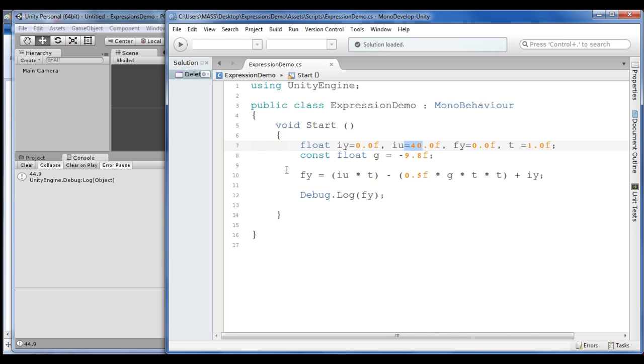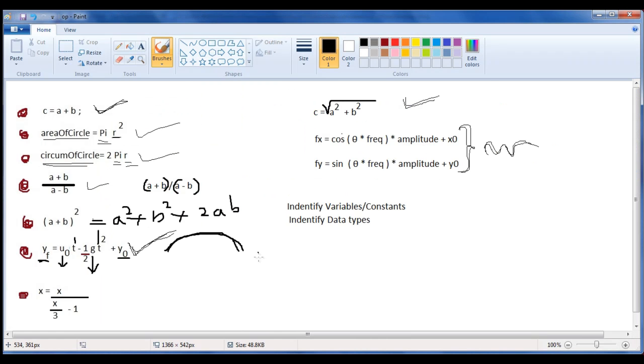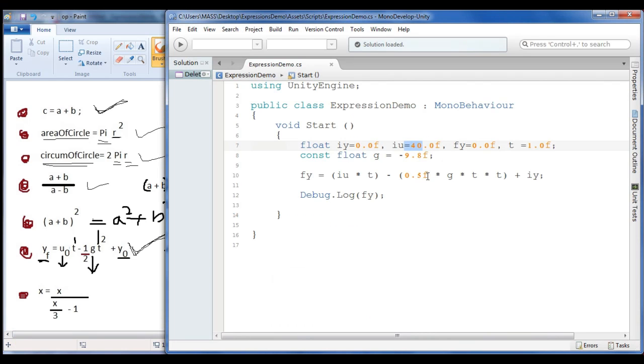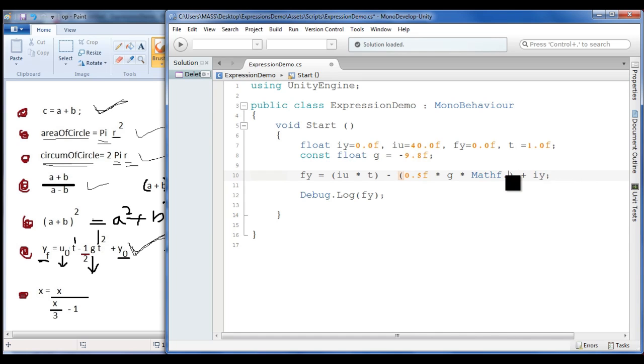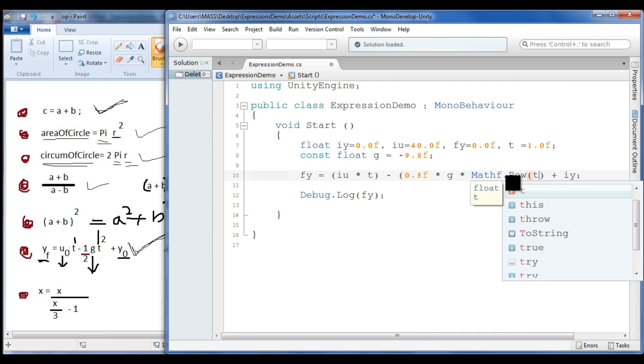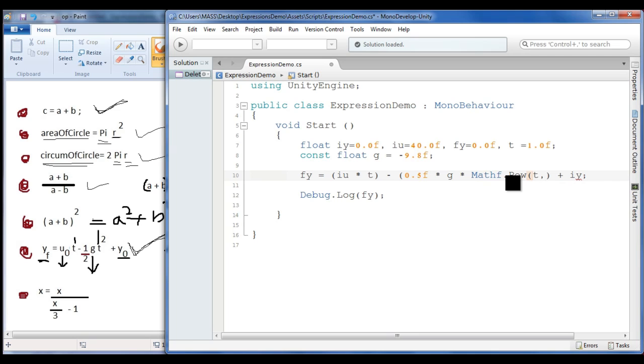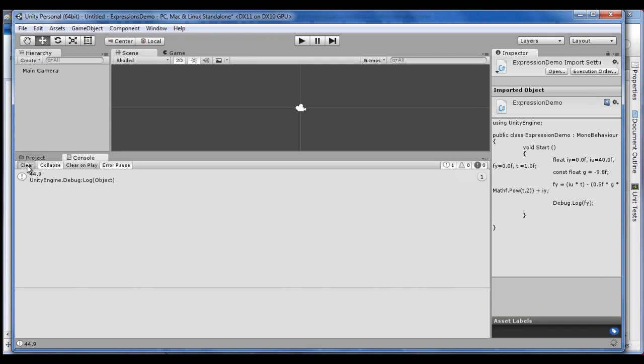This is how you are going to convert any expression to code. That you should remember. You can even do this t square differently. Instead of writing t square, you can use Mathf again: Mathf.Pow(t, 2). That is the same as t square. If you run this, you should get the same value, which is 44.9.